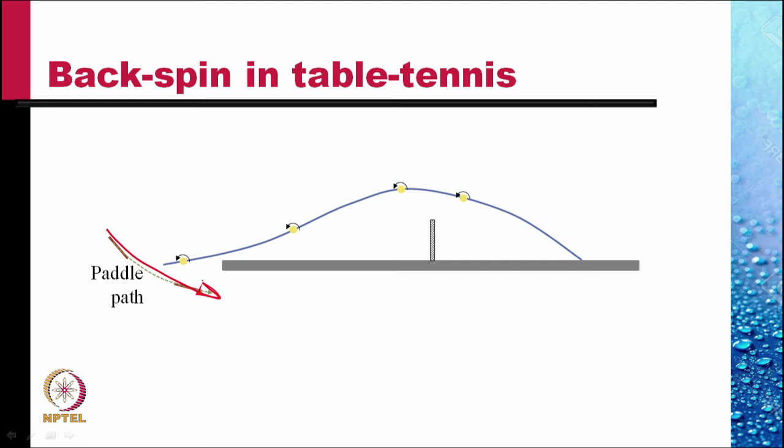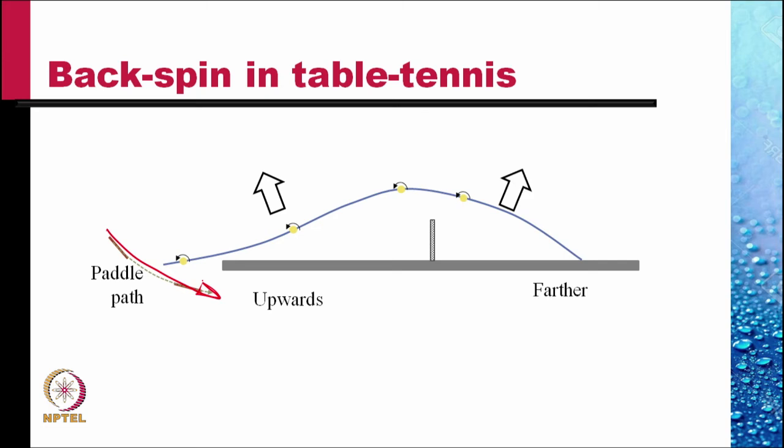Because of this, a lift force develops. This lift force would tend to overcome gravity a little bit, and so the ball, instead of following a parabolic trajectory, follows a trajectory that's bent a little upwards from the parabolic trajectory.